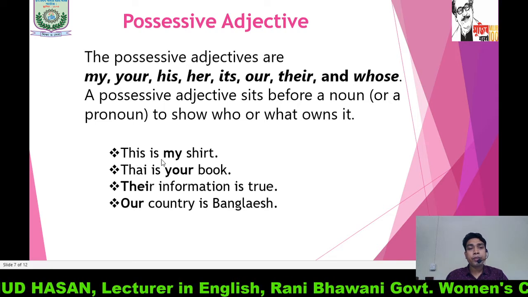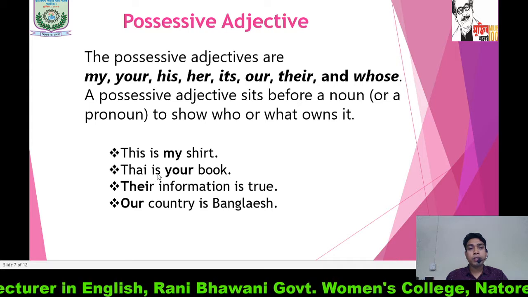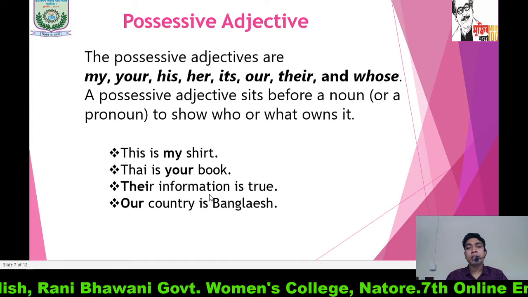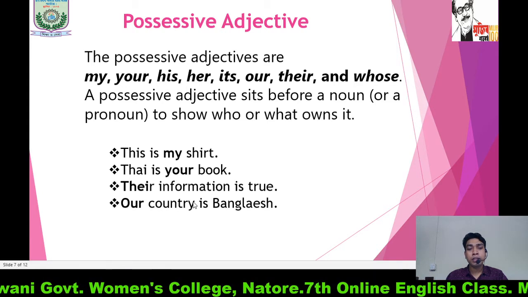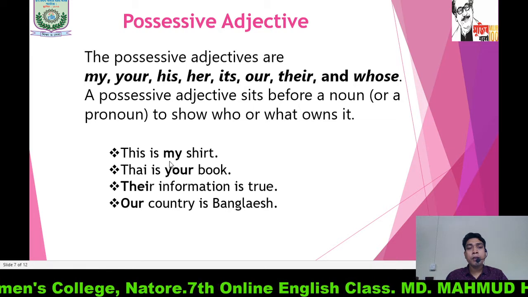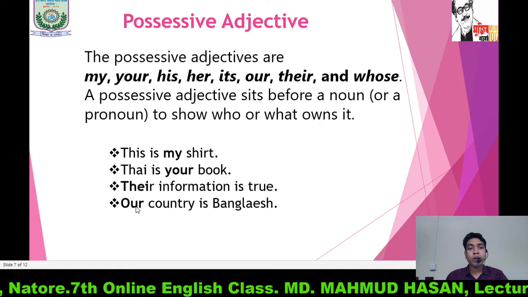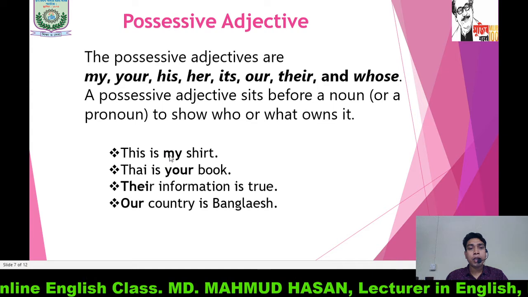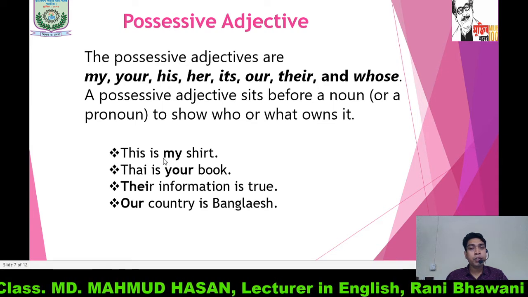Examples: this is my shirt. This is your book. Their information is true. Our country is Bangladesh. Here, my, your, their, and our all are possessive adjectives, and all these possessive adjectives sit before a noun.